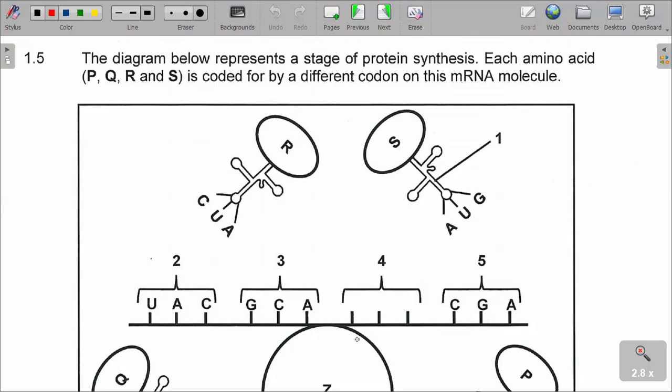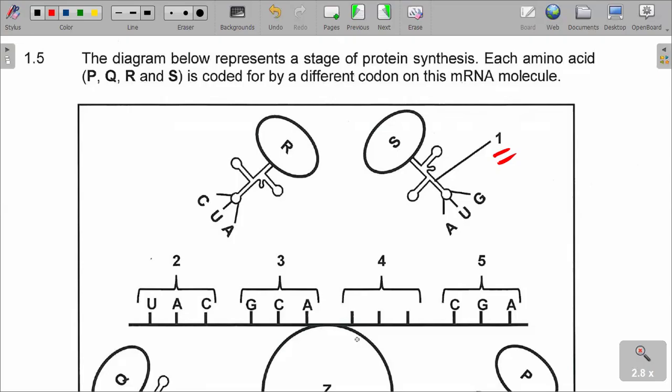When you look at these processes, you need to understand that protein here represents the process of protein formation, where the codons and the anticodons come together in order to form proteins.